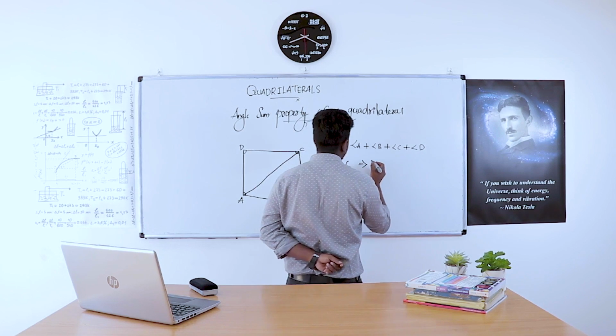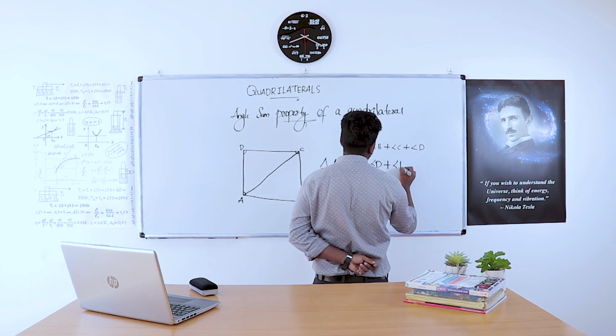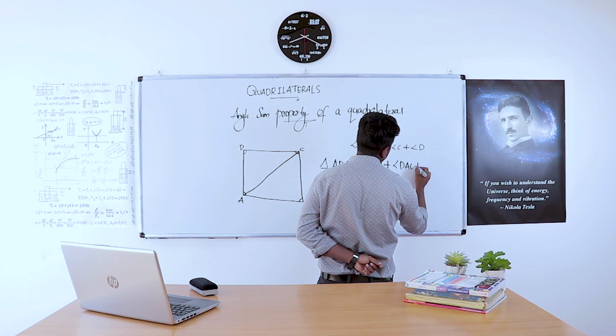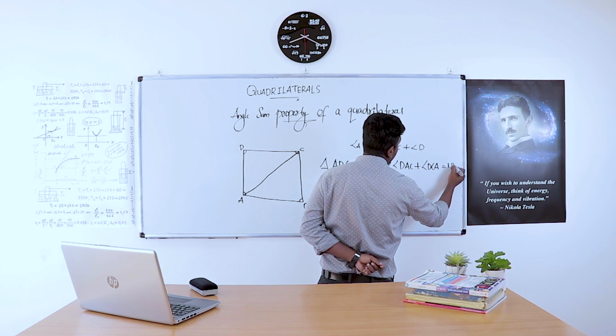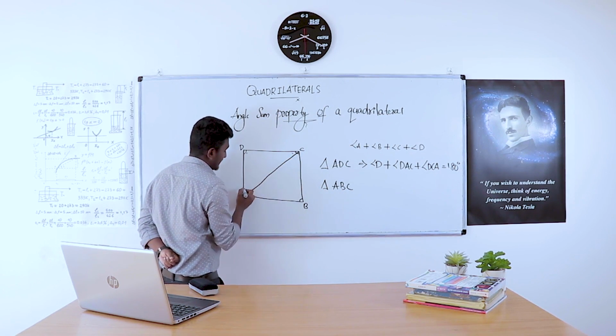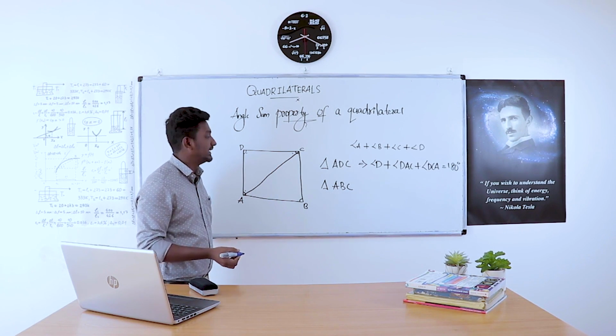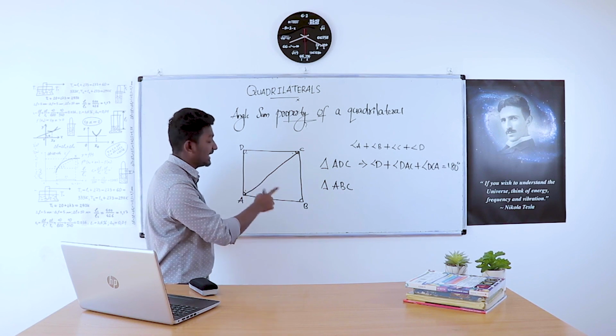Therefore, in triangle ADC, we can say that angle D plus angle DAC plus angle DCA is equal to 180 degrees. That means these three angles together make 180 degrees.